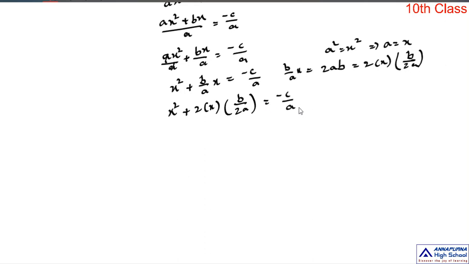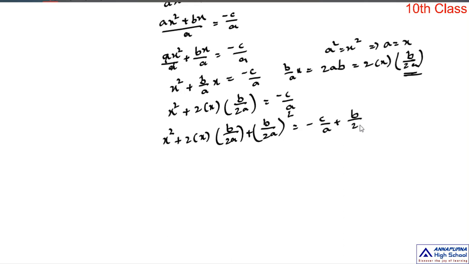is equal to minus c by a. Now add the b square term on both sides of this equation. Here, what is b? b by 2a. Add its square: x square plus 2 into x into b by 2a plus (b by 2a) whole square is equal to minus c by a plus (b by 2a) whole square.